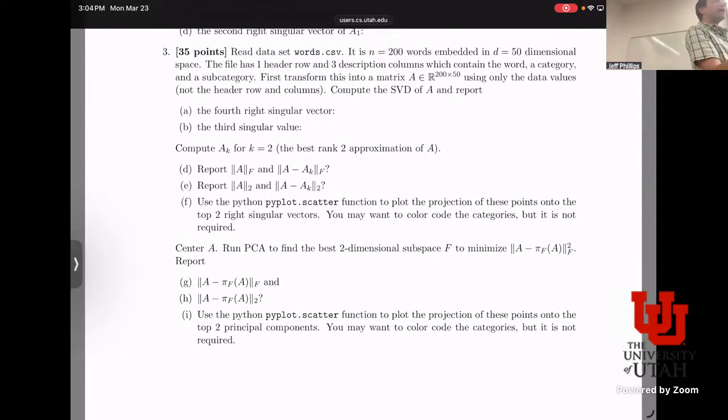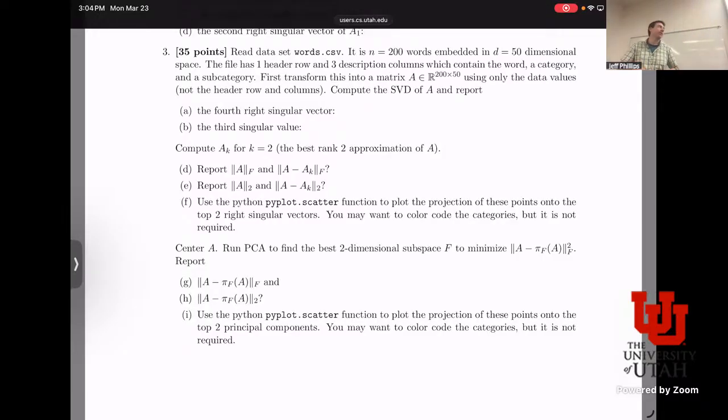So when you download them, you'll get a file where the first few columns will tell you what the word is and what category and subcategory it is. And then you're going to use the SVD and then PCA, which we'll talk about on Wednesday, to plot this down into 2 dimensions and visualize them.